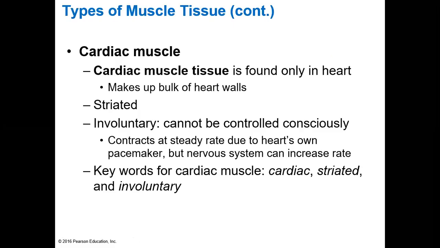What does that ac mean? Anybody? Is it like pertaining to? Yes, thank you. It means pertaining to. So pertaining to muscle tissue. It's found only in the heart, cardiac muscle tissue.